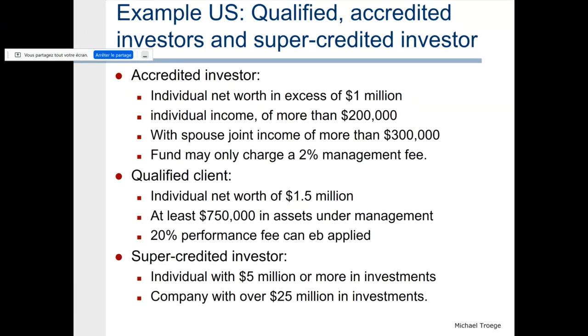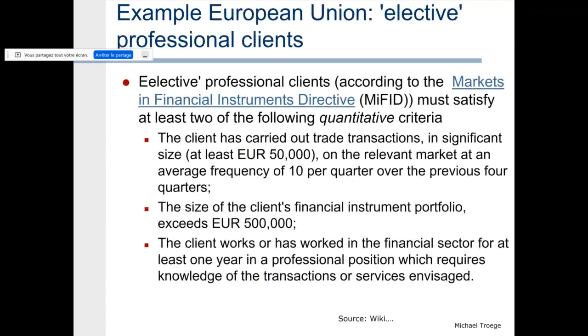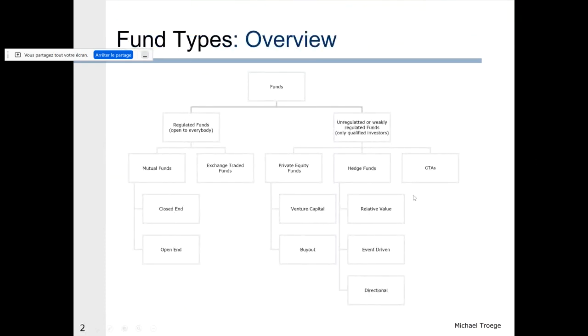If you can prove that, you can buy any kind of investment fund. Otherwise, you have to restrict yourself to regulated funds. Now this regulation has been softened, so you have qualified client accredited investors, smaller categories of less wealthy investors that can invest in somehow less regulated funds. But for our purpose, that's not really important. The big classes of funds are really the regulated ones and the unregulated funds.